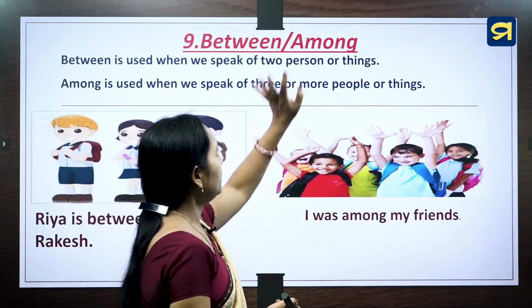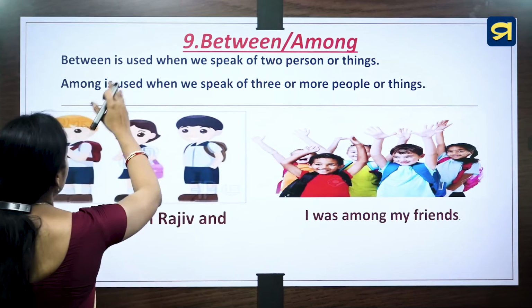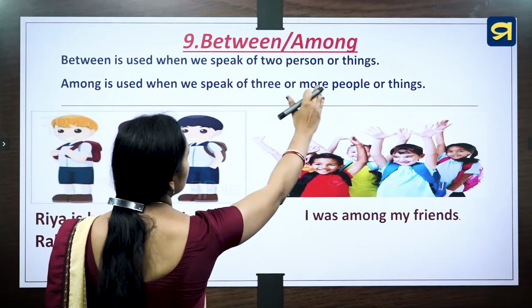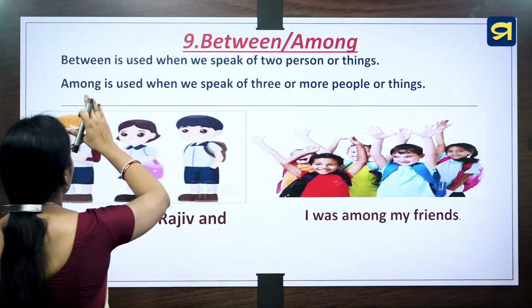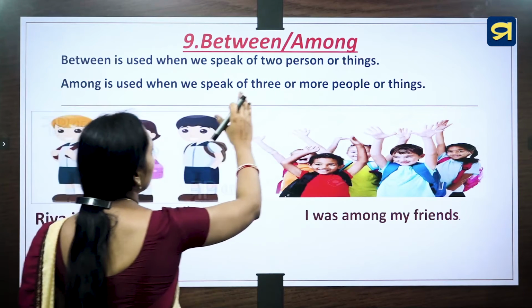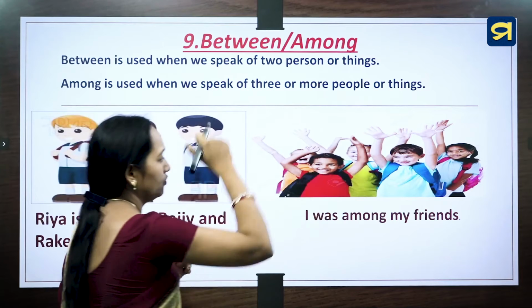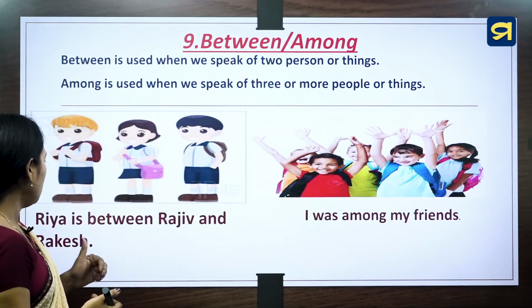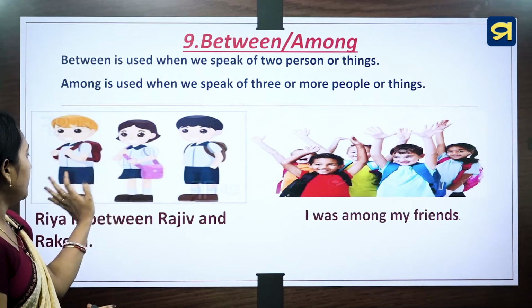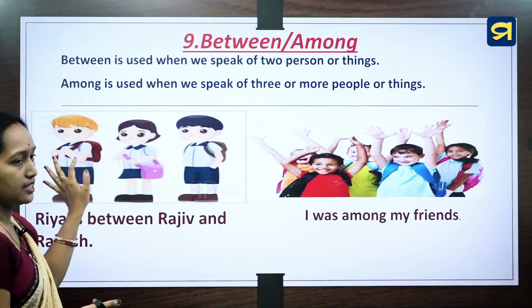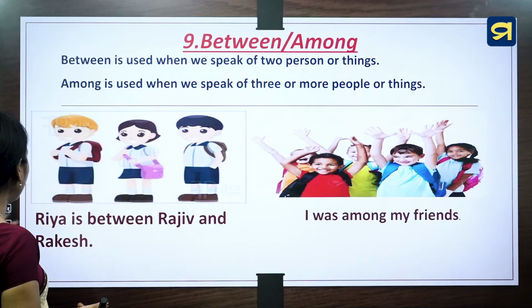Next, between or among. Between is used when we speak of two persons or things. Among is used when we speak of three or more people or things. This is your example: Riya is between Rajiv and Rakesh.